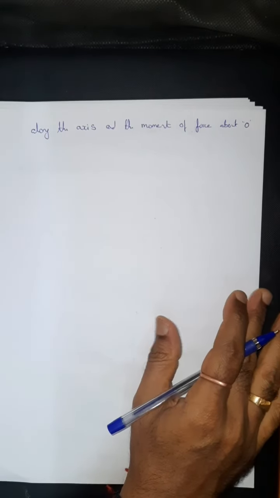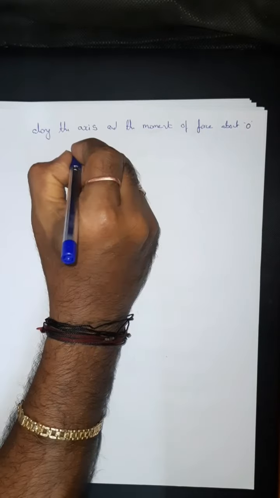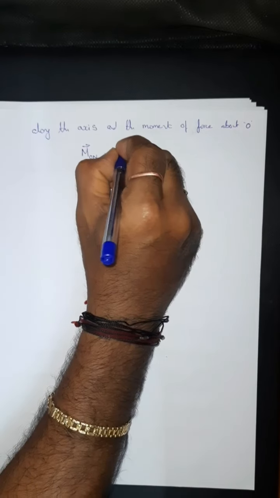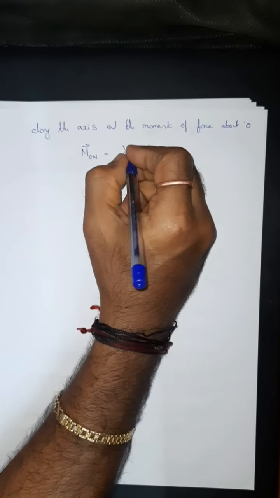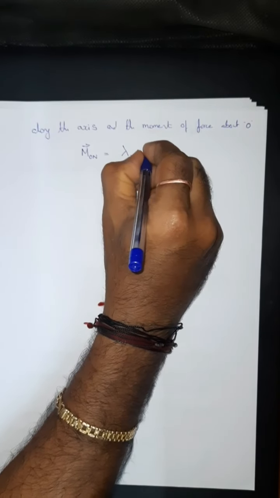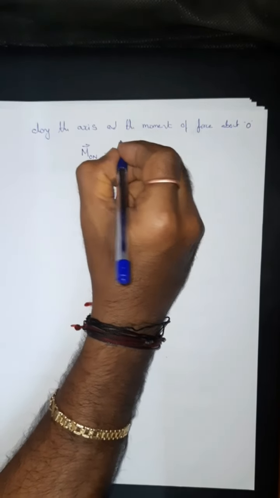So the moment about the axis ON can be represented by the unit vector into the moment about O.